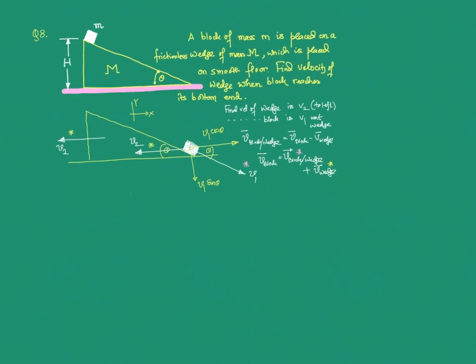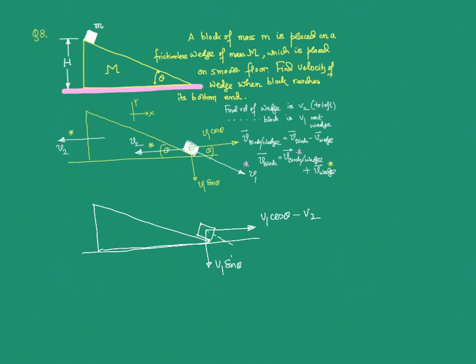So we can draw the final velocity vectors again. This has velocity along the x-axis v1 cos theta minus v2, and downwards it has v1 sin theta.